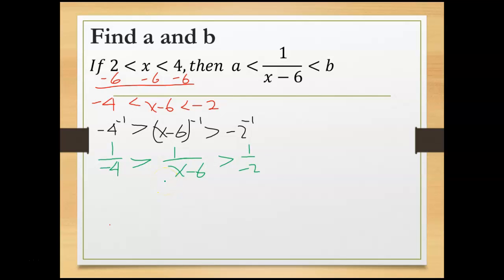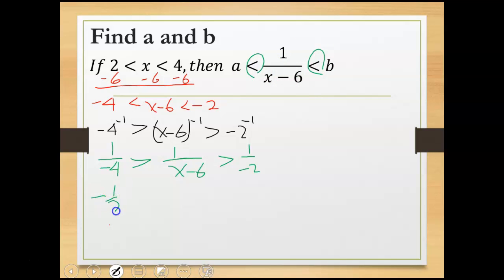So what happens now? It's -1/4 and -1/2. Which one is greater? We see that -1/4 is greater, because for negative numbers, the bigger they get, the smaller they are. But since the expression we were originally given is written with less than, we want to switch it so they become less than.